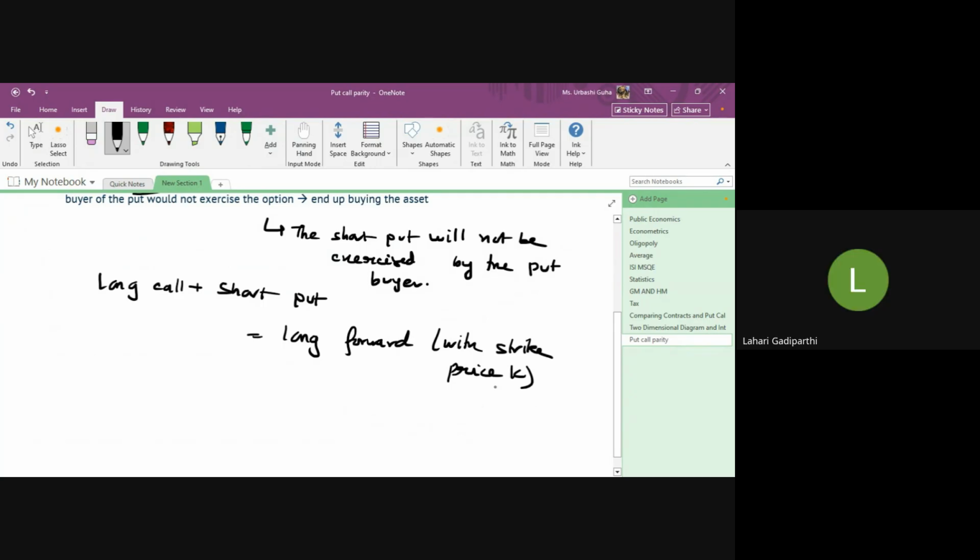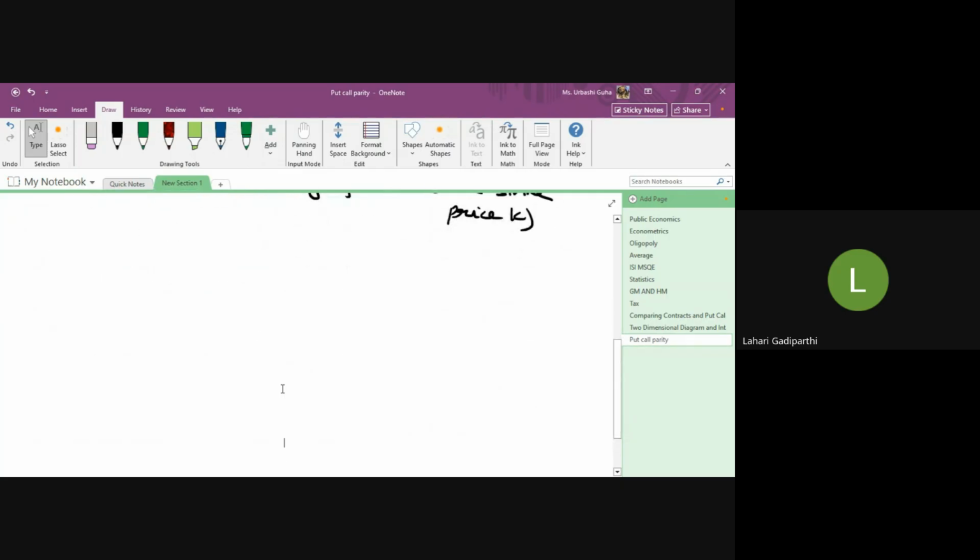And next, synthetic forward versus actual forward. So here we get to know how we know the price. Three ways. I'm going to slide number 29. So here, what is synthetic forward versus actual forward?